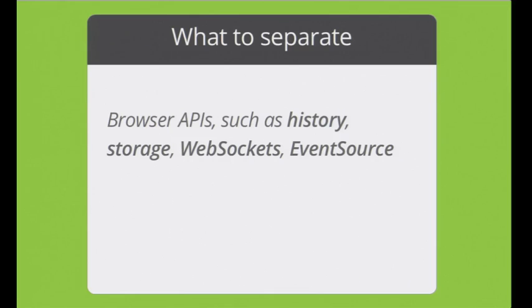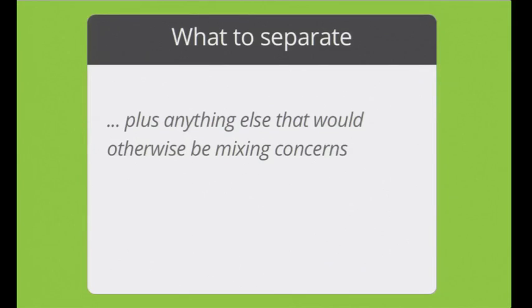And we'll see that a bit later as well. And of course, anything else that would be mixing concerns. I mean, there's 100,000 things that your application could do, and there might be something of this type and something of that type, and they shouldn't be mixed.